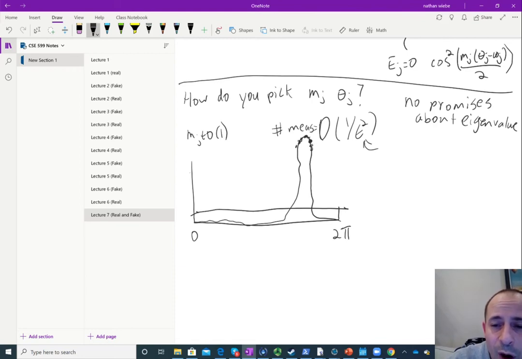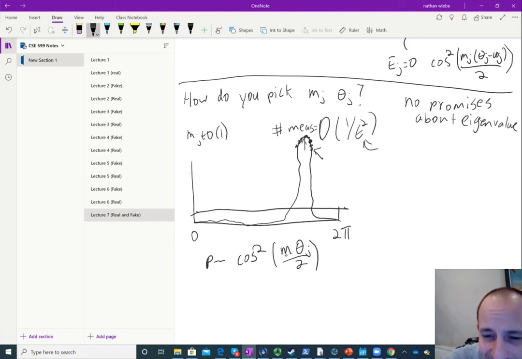And so our experiments aren't going to be very good for distinguishing between this hypothesis and that hypothesis. But by stretching out the value of m, because the probability ends up going like cosine squared of m theta sub j over 2, by making m larger and larger, we can actually amplify this effect.